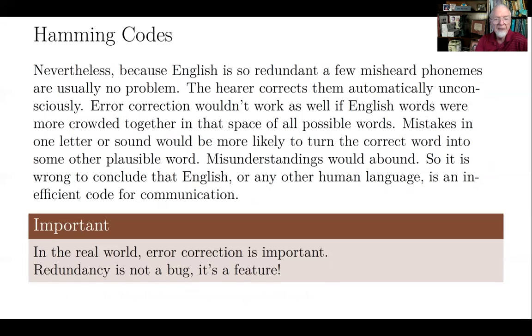Nevertheless, because English is so redundant, a few misworded phonemes are usually no problem. The hearer corrects them automatically and unconsciously. Error correction wouldn't work as well if English words were more crowded together in that space of all possible words.